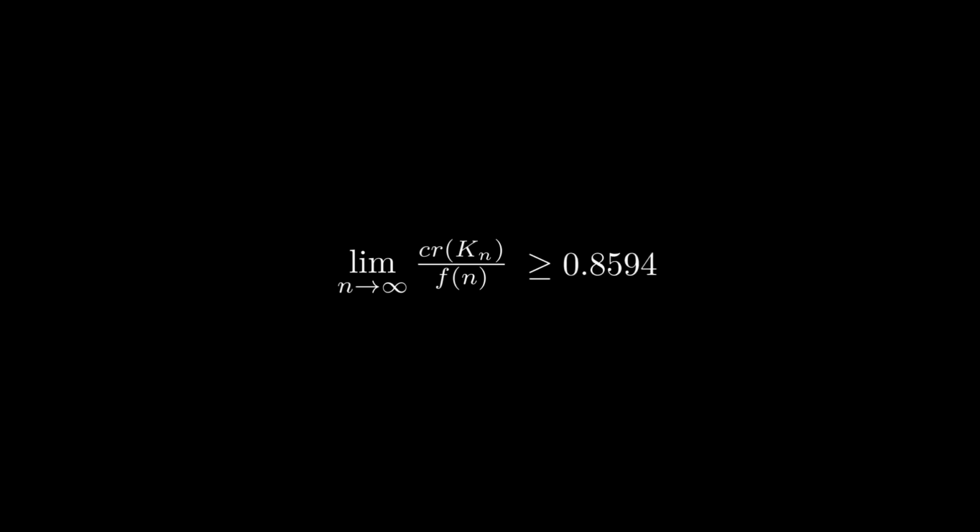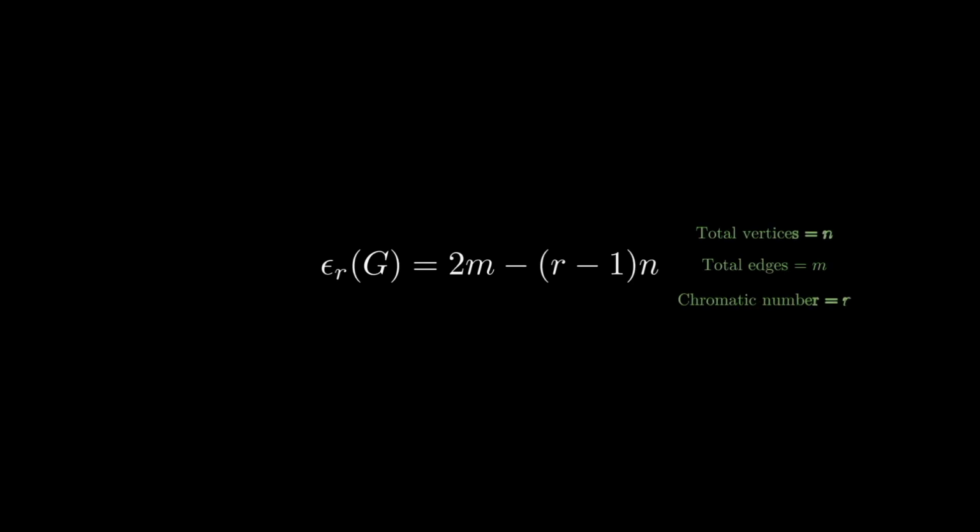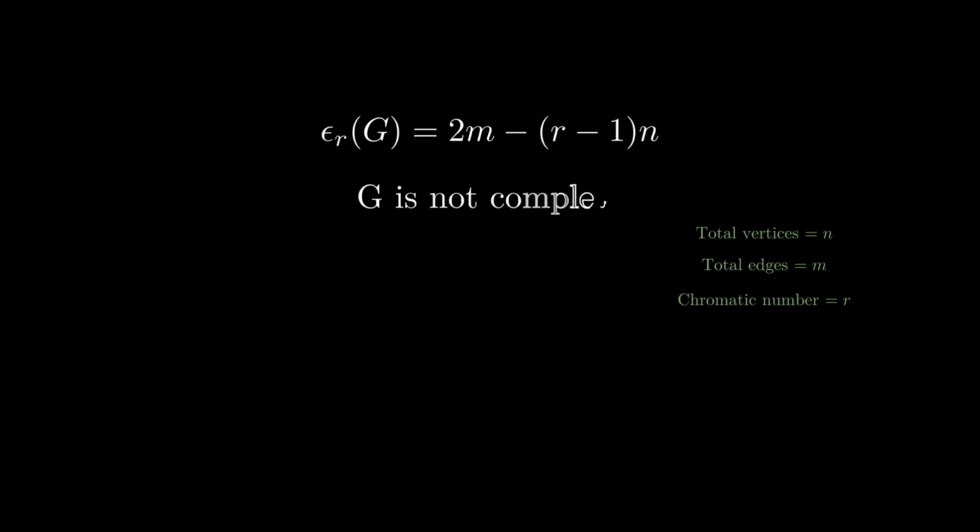Some of the related works have played important roles in the work progress. This expression is called the excess of a graph. It has been proven that for r greater than or equal to 3 and non-complete graphs, the excess of the graph is greater than or equal to r minus 3.